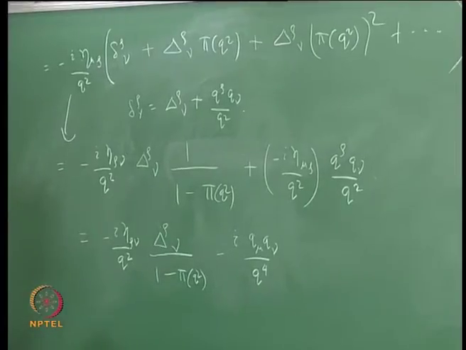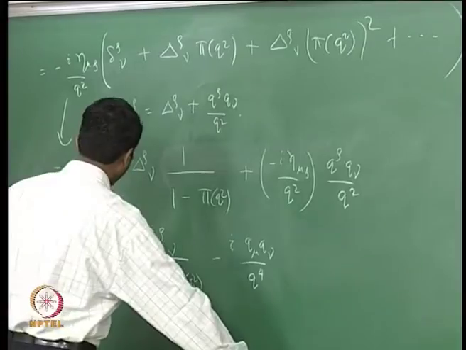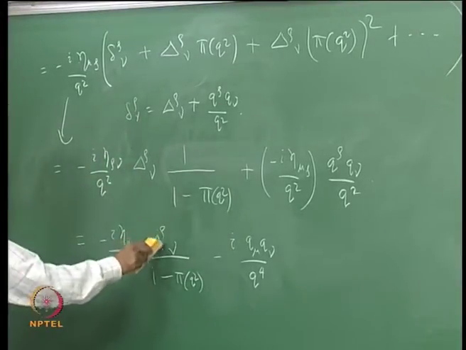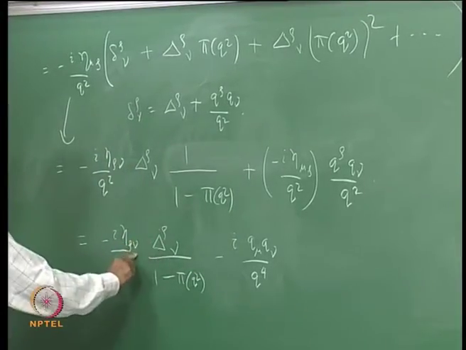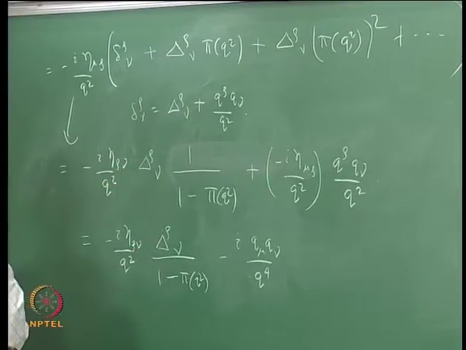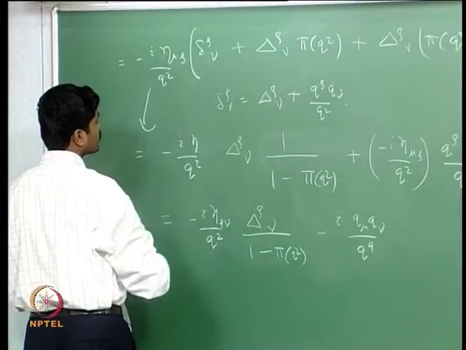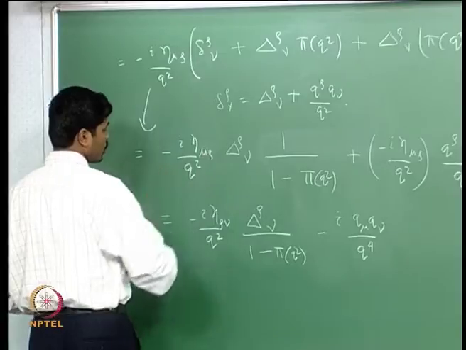This is what I am going to get. I can simplify this if I multiply it with, sorry, it is eta mu rho, it is not eta rho nu, it is eta mu rho.